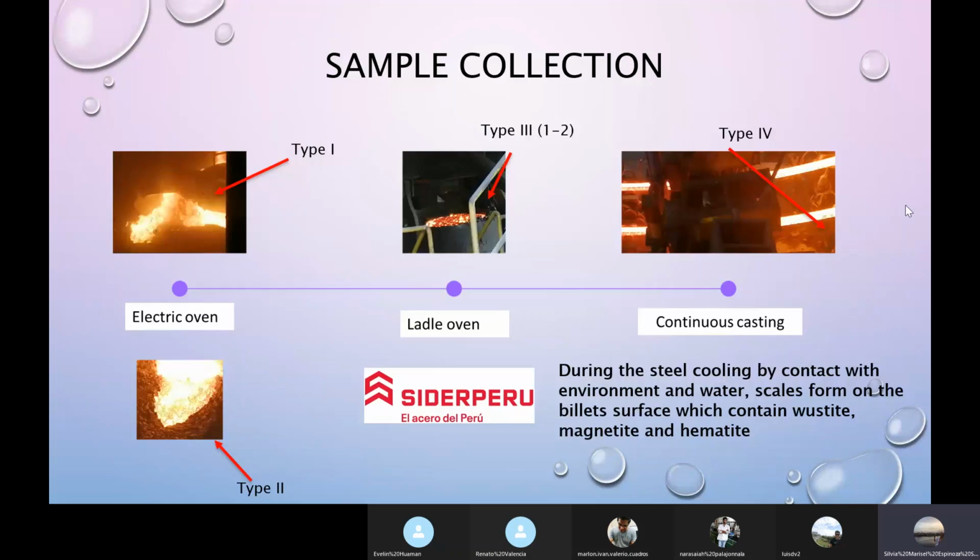These elements were reported in the Luis Borja research, presented maybe one month later. These scales were collected and crushed until the particle size was in the range of 53 to 600 micrometers.